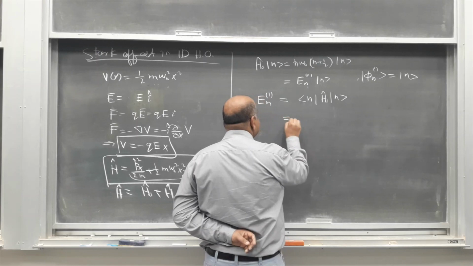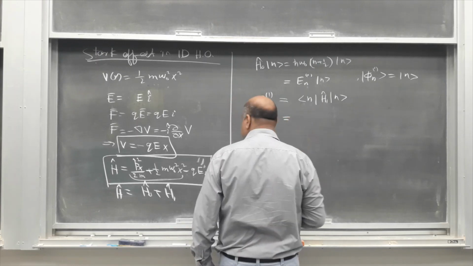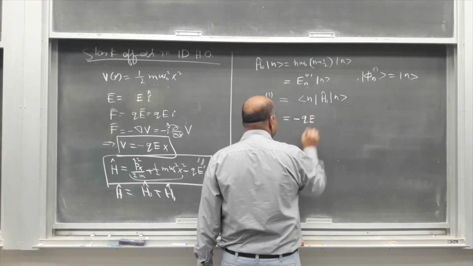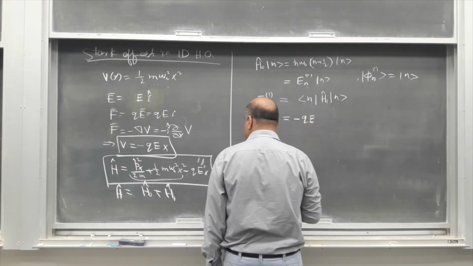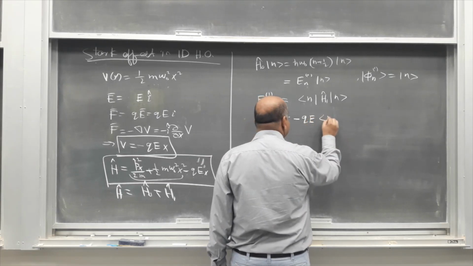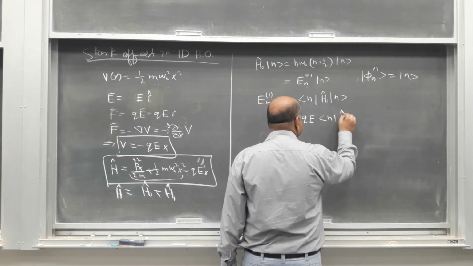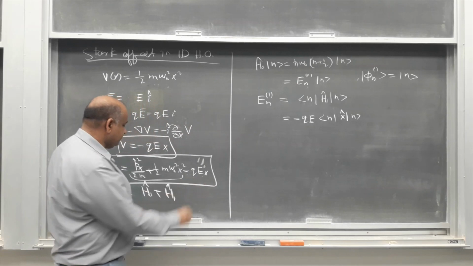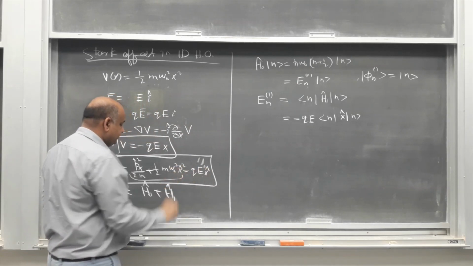Now let's compute this thing. H1 is minus QE. This is a constant, so I can take it out. And here it is x hat.